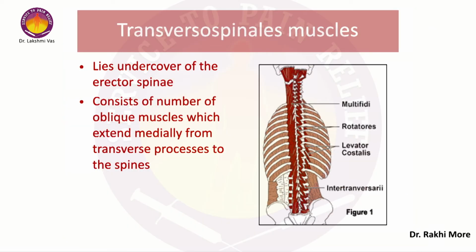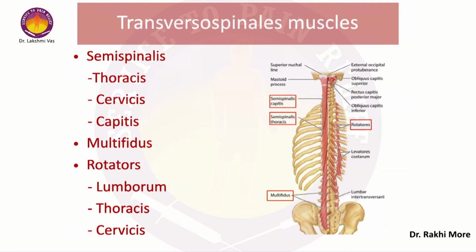Now we come to the oblique group of muscles in the second layer, that is the transversospinal muscle. These lie under cover of the erector spinae and consist of a number of oblique muscles which extend medially from the transverse processes to the spine. Now these are again divided into three groups: the semispinalis, then the multifidus and rotators.